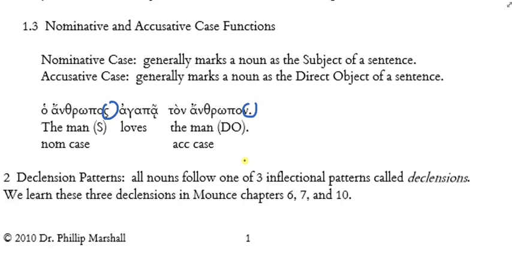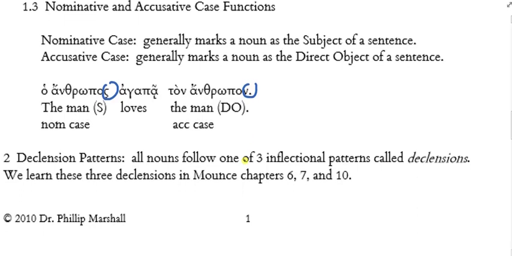Okay, so a declension is a pattern that a noun follows to form its inflections. We might call them inflectional patterns. Declensions are inflectional patterns. Now, in Greek, there are basically 3 inflectional patterns that nouns can follow. And I want to just start with an English example of what I mean here to try to help you see what I'm talking about, okay?